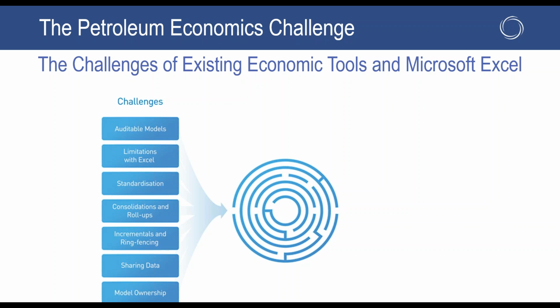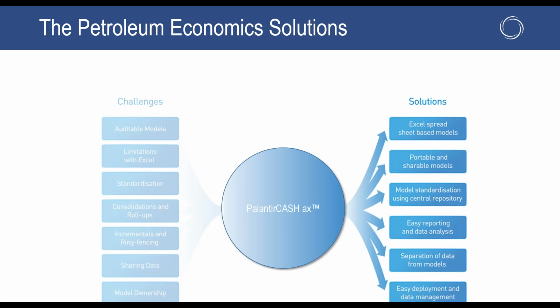Trying to bring the right data into the models can be difficult. And then when we get to consolidations, roll-ups, etc., whilst Excel is a very powerful tool, it can have its limitations when we're trying to do some of the more complex analysis. And so this is where PalantirCASH AX comes in.